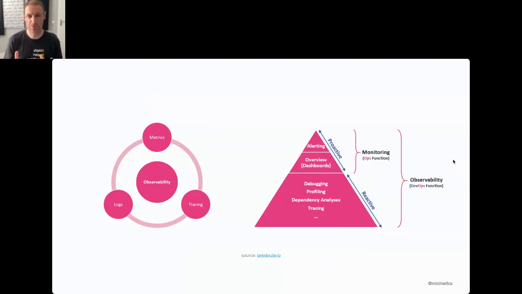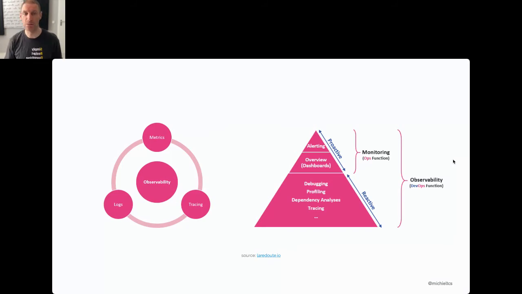And so observability is about this pyramid. It's the pyramid of reactive and proactive activities on your system. So proactive is monitoring and alerting, right? Looking at these inputs and triggering alerts whenever they exceed some sort of threshold. And then reactive is once you actually see there's a problem, you dive into it.